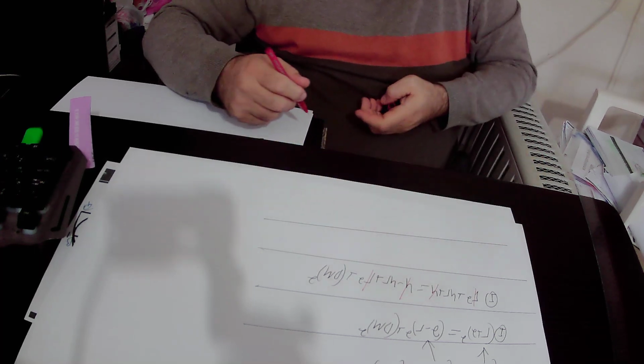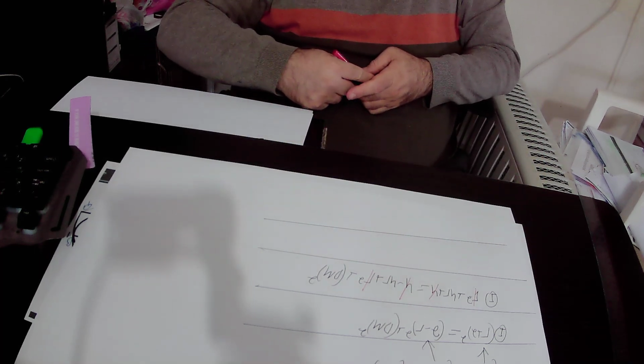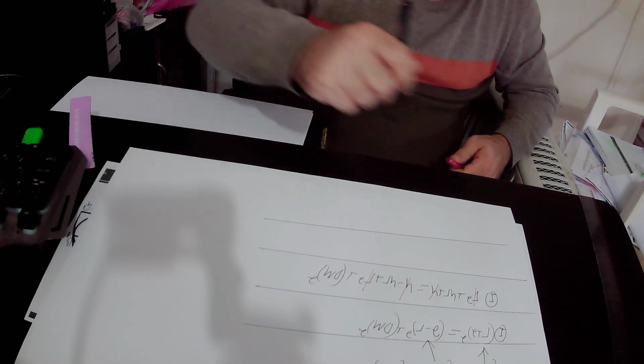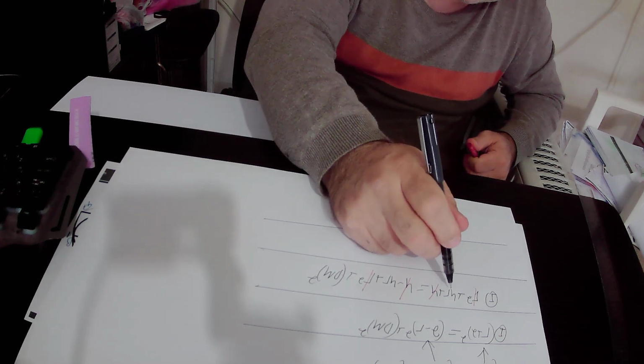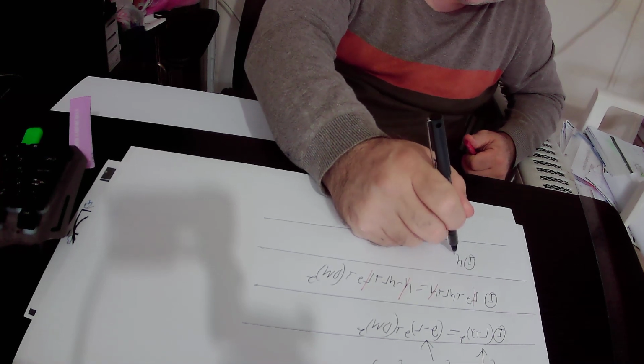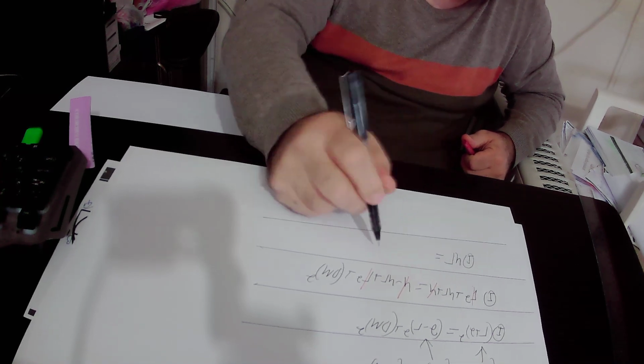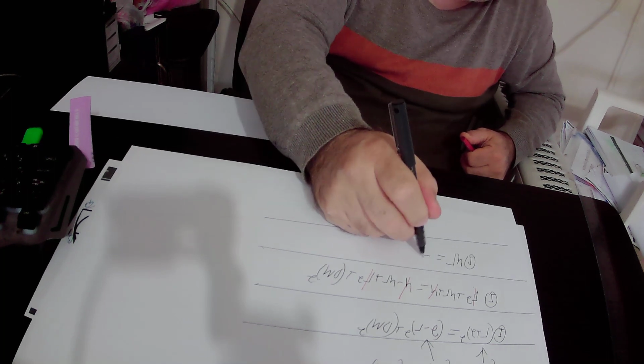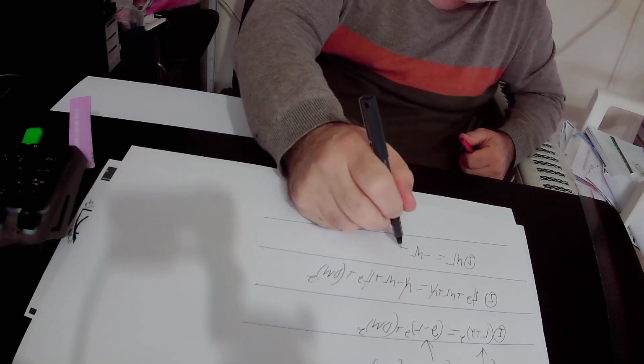And what is left after we cancelled those expressions from equation number 1? What is left is 4R, and what is left on the other side of equation number 1? It is actually minus 4R plus DM square.